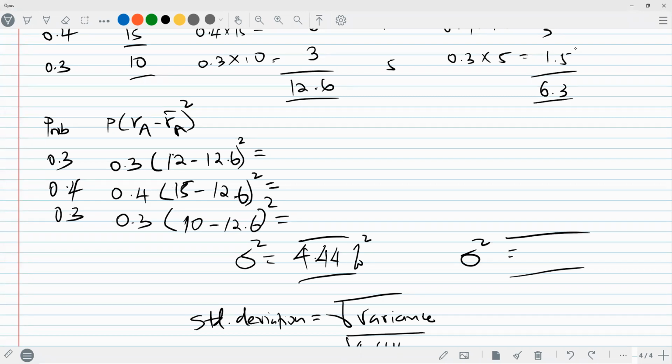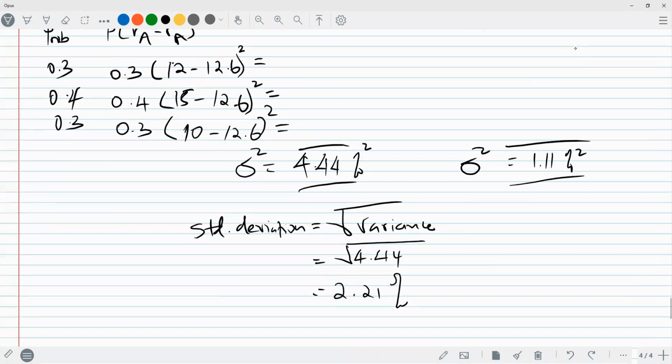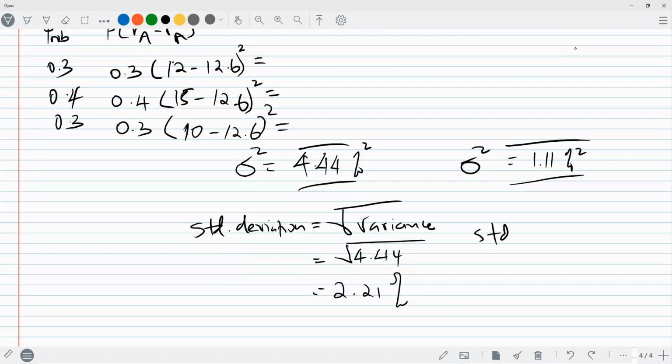Yes, 1.11 to be the variance. Therefore, standard deviation is the square root of the variance. And you get how much? 1.05%. 1.05% is the standard deviation for B.